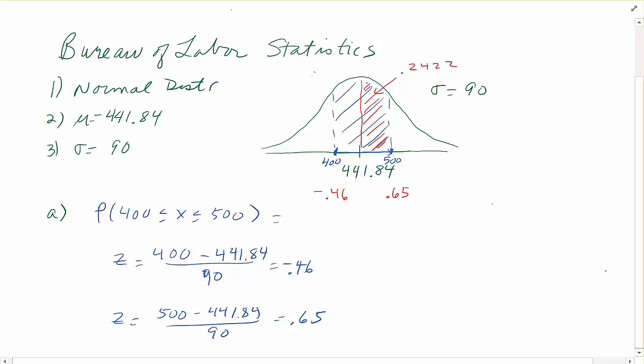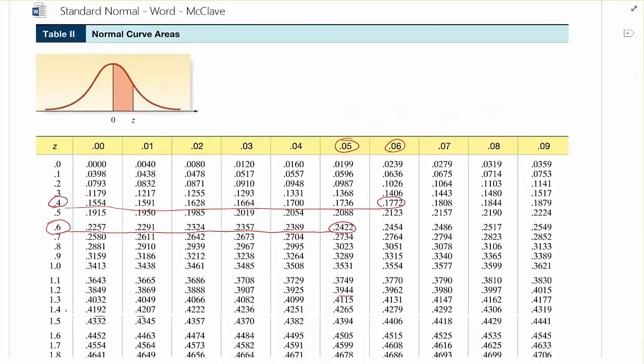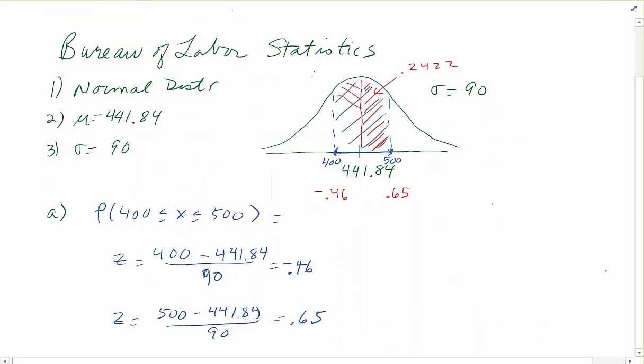And to get the other side of this, again, the standard normal table reads from the center. If I look up negative 0.46, well, the table doesn't have negatives, so I have to look up a 0.46. But because of symmetry, looking up the positive 0.46, I'll get the area I need. So 0.46, there's 0.4, and so 0.1772.